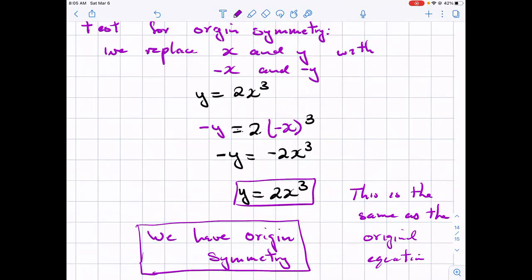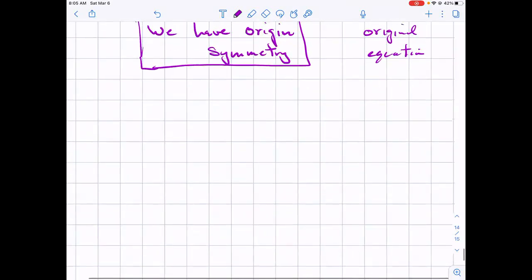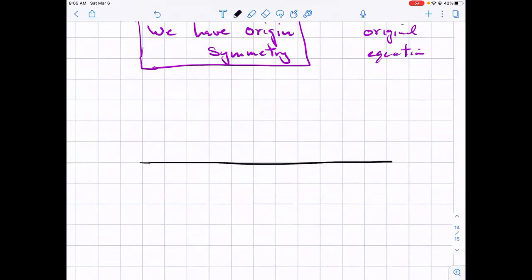And symmetry will help you with graphs, right? If you find that a graph has symmetry, you will know what the graph sort of looks like. So for example, we now know that this graph has symmetry with respect to the origin.